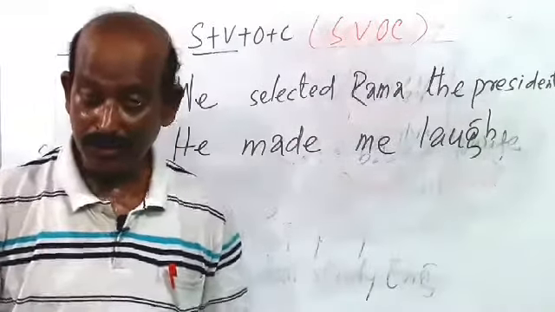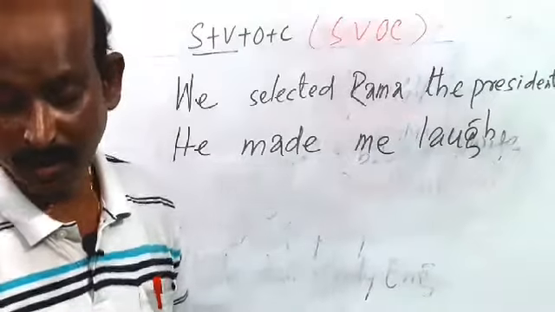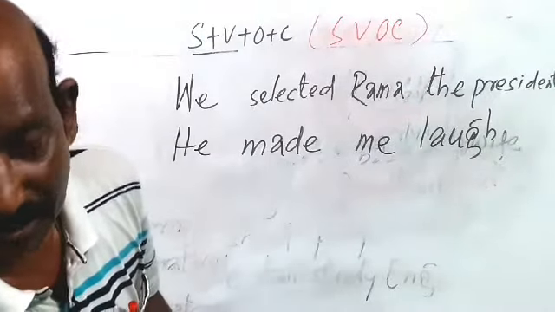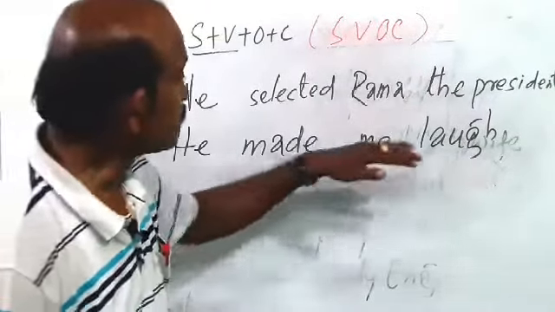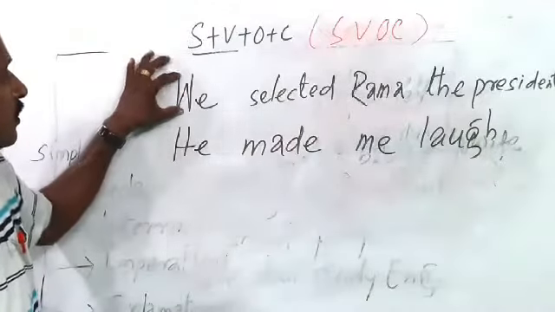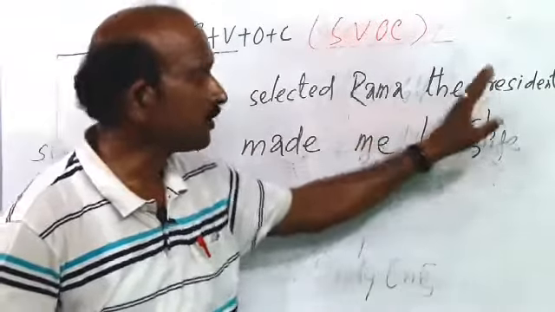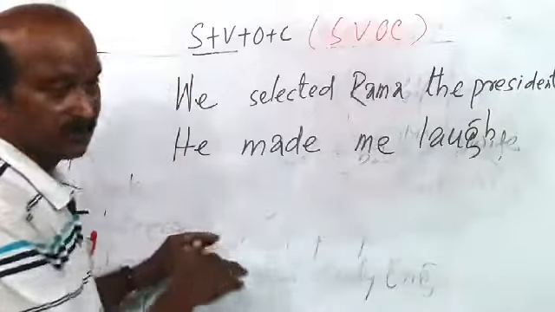And students, what type of question can you get in the board exam? A sentence must be given, such as we selected Rama, the president, or he made me laugh, and you write the pattern of the sentence.